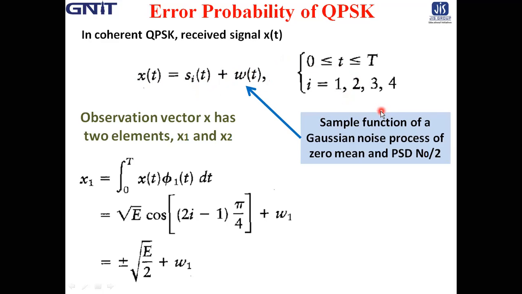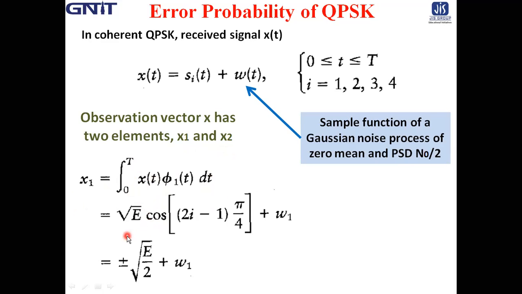Here w(t) is the sample function of a white Gaussian noise process of 0 mean and power spectral density N0 by 2. Correspondingly, the observation vector x has two elements, x1 and x2, where x1 is the integral from 0 to T of x(t) phi1(t) dt.